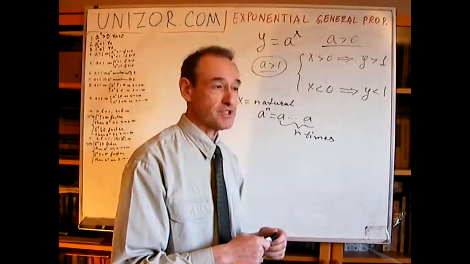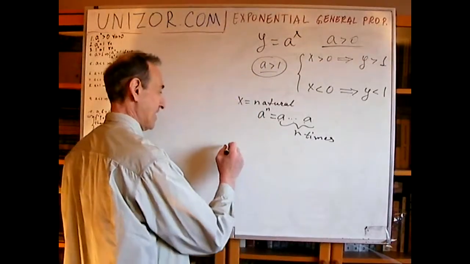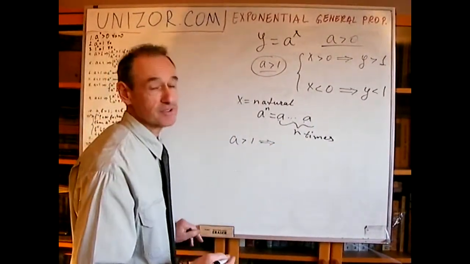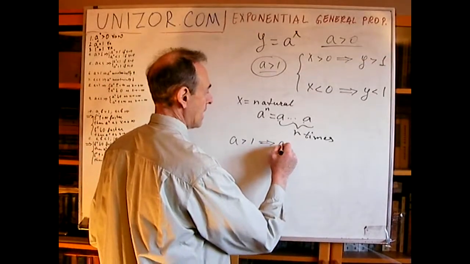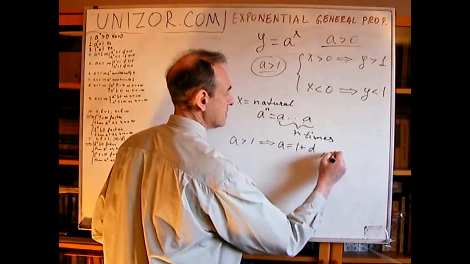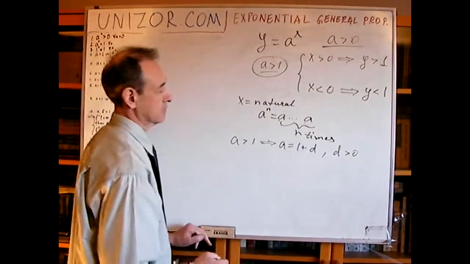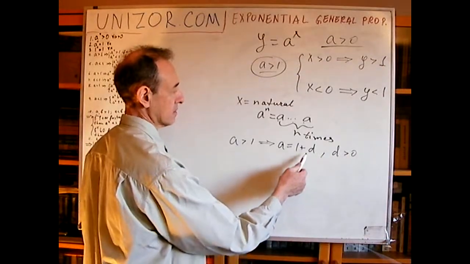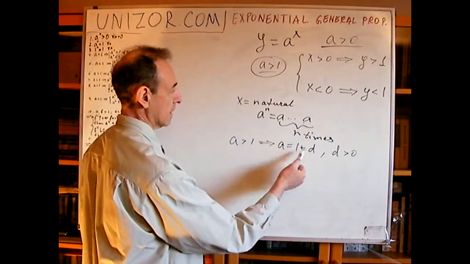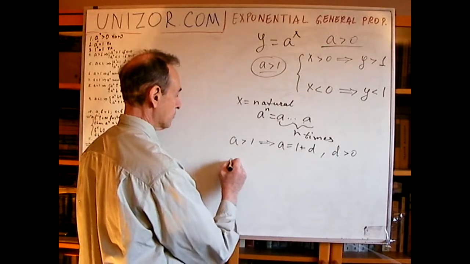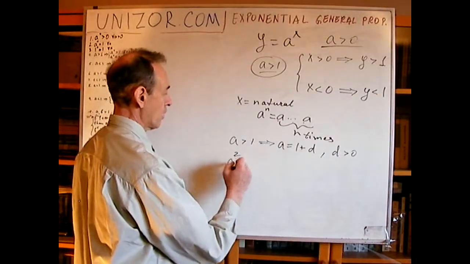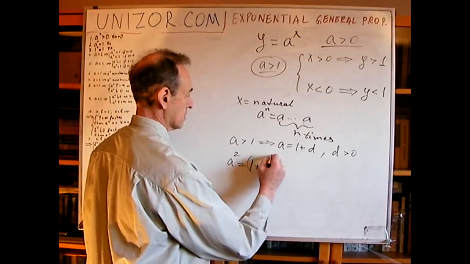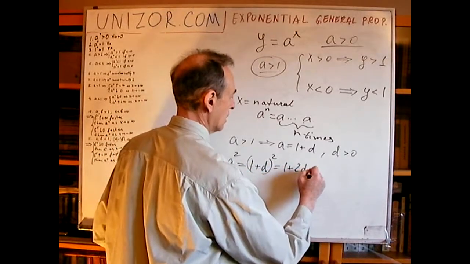If it's not obvious, let me just prove it to you. It's just an interesting exercise. Well, if a is greater than 1, then a can be represented as 1 plus d, where d is greater than 0, right? So if a is greater than 1, then d is some number greater than 0. Basically, d is equal to a minus 1, right? Now, therefore, a squared is equal to 1 plus d squared, which is 1 plus 2d plus d squared.